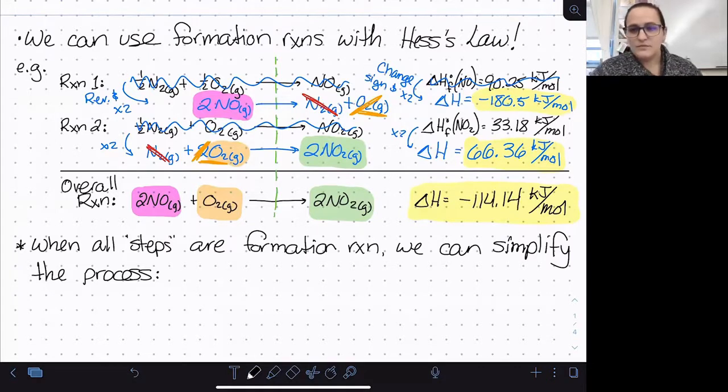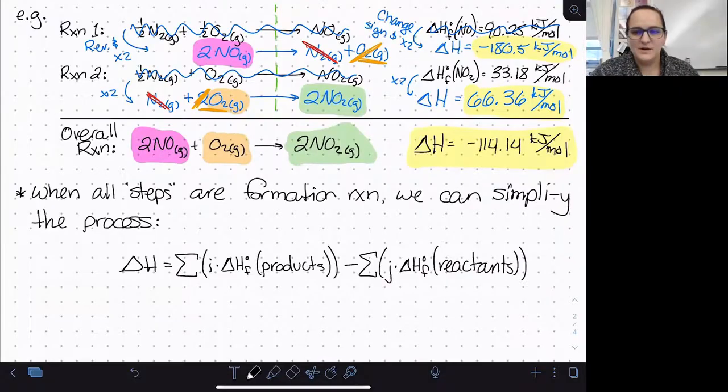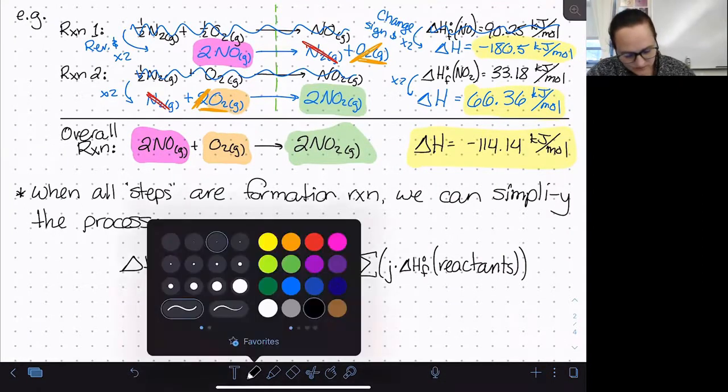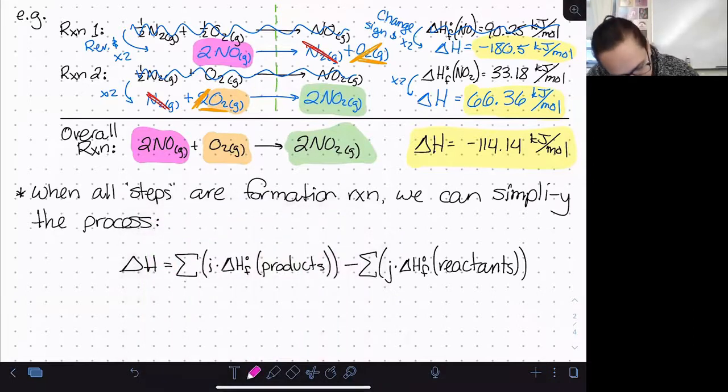So the equation for this looks a little intimidating, but it's not so bad once you break it down. This symbol, if you are not familiar with it, just means take the sum. The i, a lowercase i here, is just representing the coefficients from your balanced reaction.